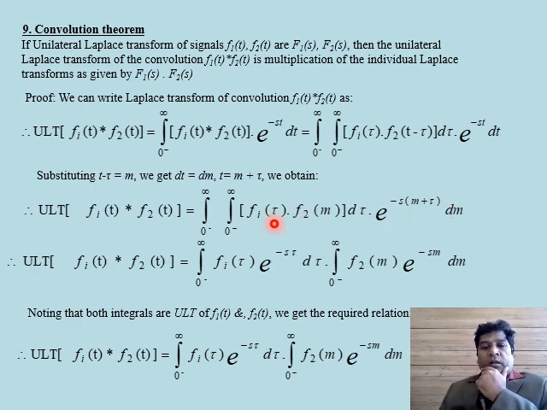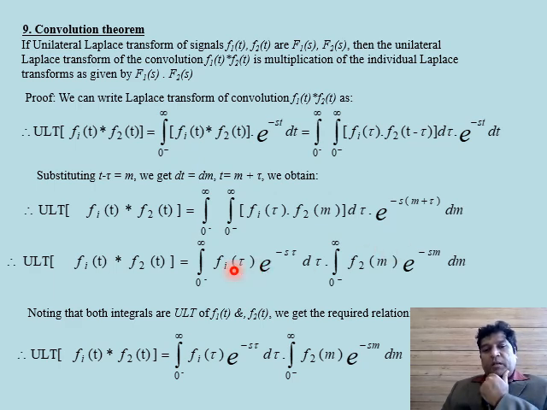So we take all the variables of tau as the first integral, f1 of tau, this d tau, and we also take this e power minus s tau as the first integral. Now multiplied by the second integral, which is f2 of m dm and e power minus sm. So the first integral is simply capital F1 of s, and the second integral is simply capital F2 of s.